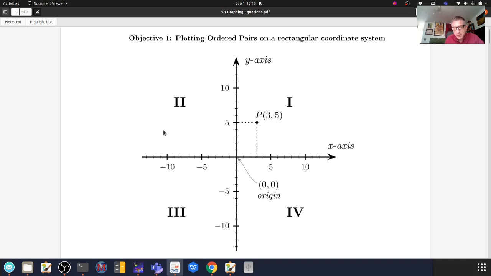Here, the x values will be negative, the y values are positive. Down here, the x values are negative, and the y values are negative. Here, the x values will be positive, the y values will be negative. The point right there where the two coordinate axes intersect is called the origin, and it has address 0, 0.